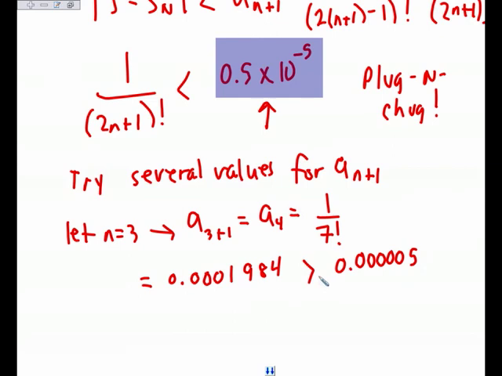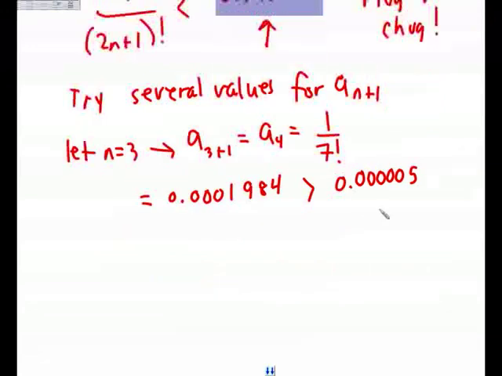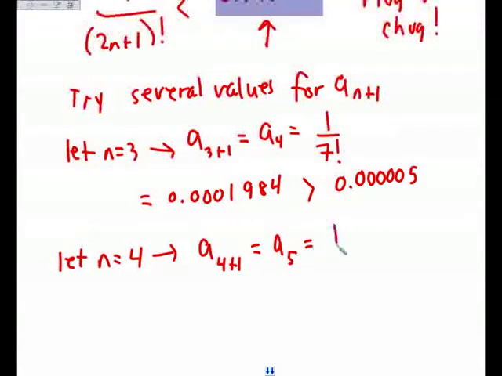So let's see what happens when we let n equal 4. That's going to give us a sub 4 plus 1, so that's a sub 5. And that's going to be 1 over 9 factorial. If we plug 1 over 9 factorial into our calculators, I believe it is 0.0000027.